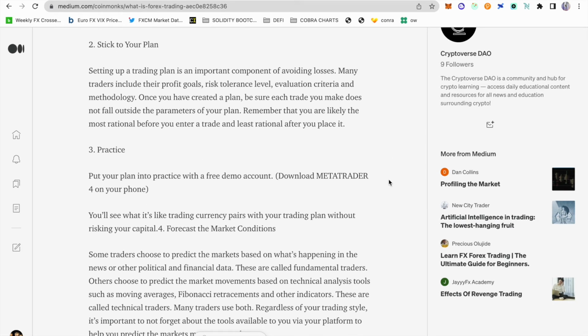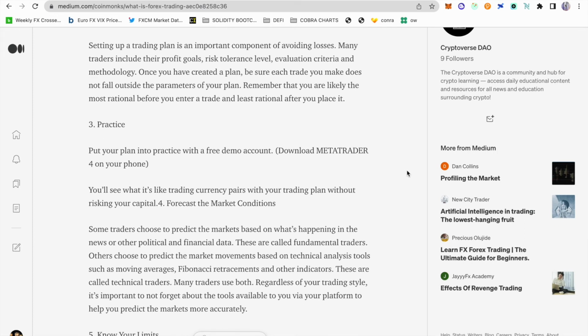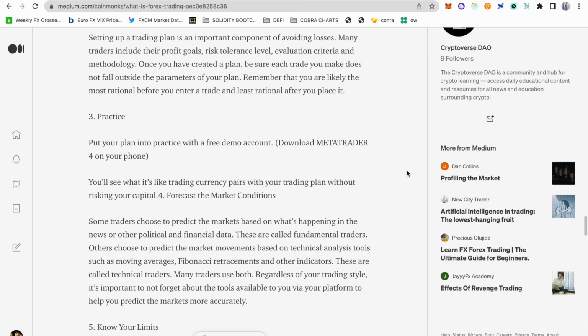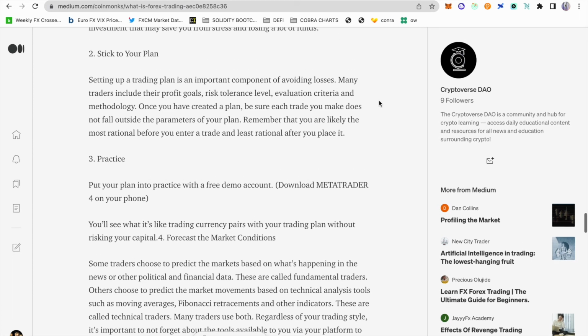Stick to your plan. Setting up a trading plan is an important component of avoiding losses. Many traders include profit goals, risk tolerance levels, evaluation criteria, and methodology. Once you have created a plan, be sure each trade you make does not fall outside the parameters of your plan. Remember that you are likely the most rational before you enter a trade, and least rational after you place it.